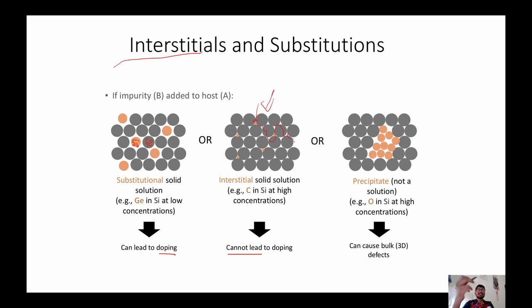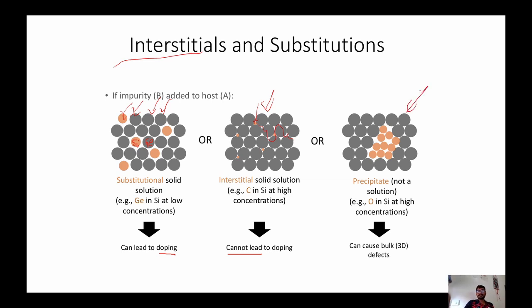And for substitution, let us say this red one is germanium and these are silicon atoms in a crystal structure, and a silicon is replaced by germanium, then this is a substitution. Why are these important? Because they have a very large effect on the electrical properties.